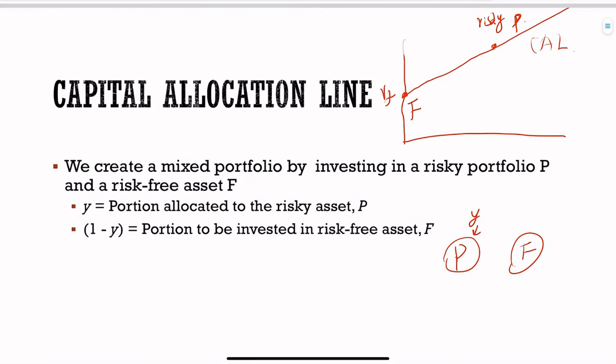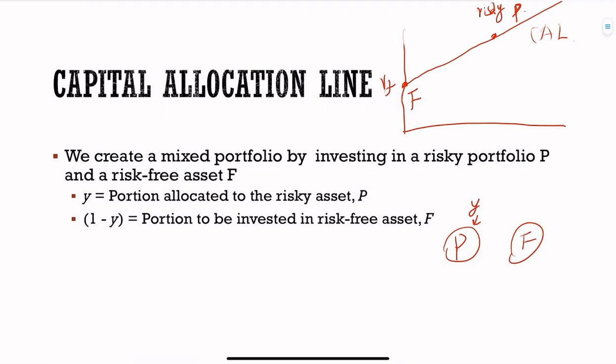Let's say if Y equals 20%, then it means you put 20% of your money into portfolio P. And you can see that if you put a percentage of Y into portfolio P, then you will invest a percentage of 1 minus Y into this risk-free asset F. Now the question is, what is the mixed portfolio's or the combined portfolio's return and the combined portfolio's volatility?